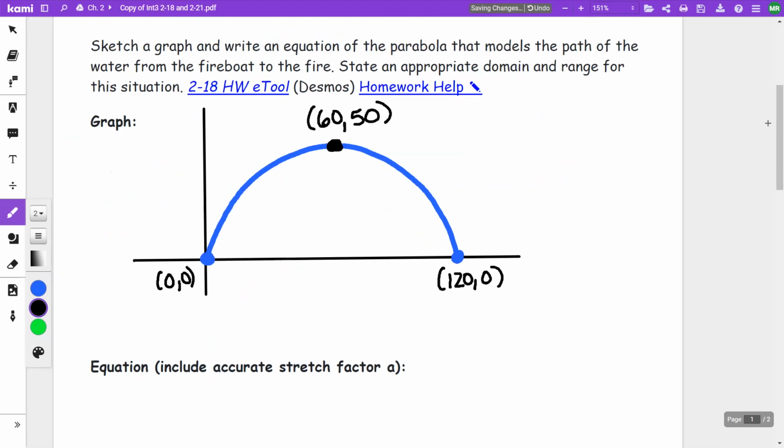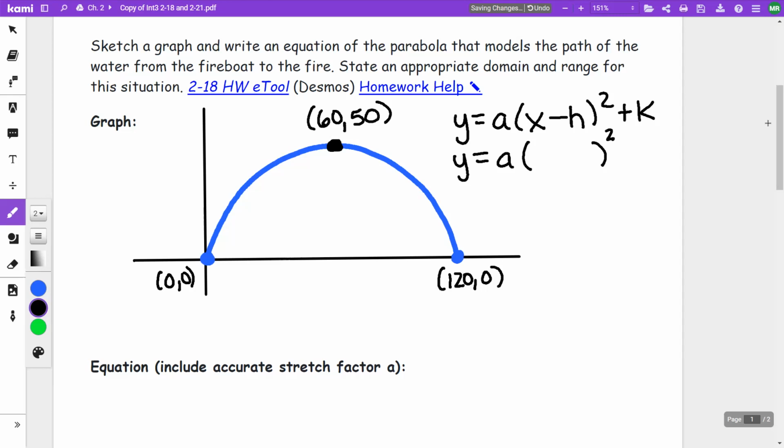So now if I'm doing this and we want to write an equation, I'm going to start it up here and then I'm going to write it down where it says equation. It is going to be y equal a times x minus h squared plus k. So I know it's going to be y equal a times something squared.